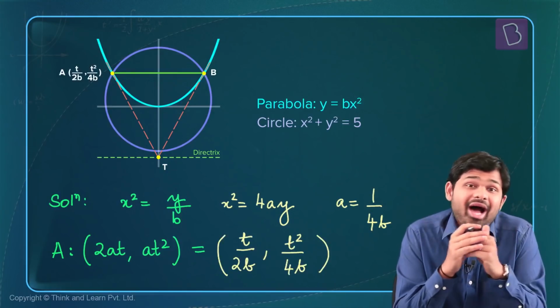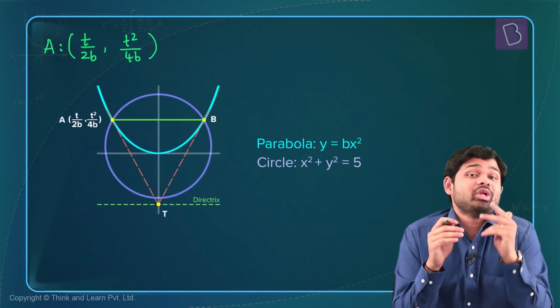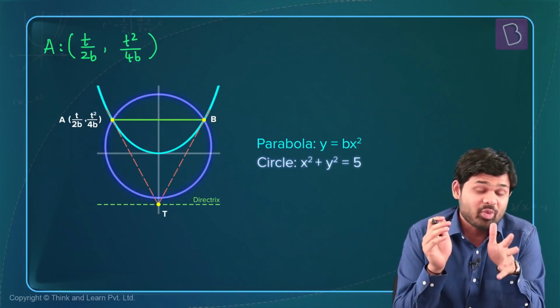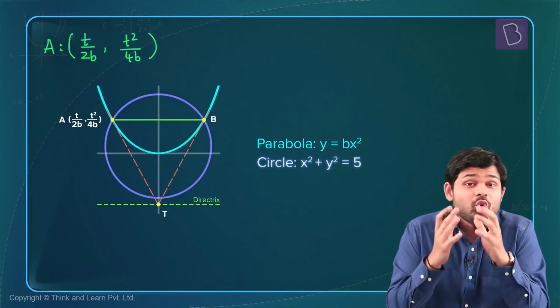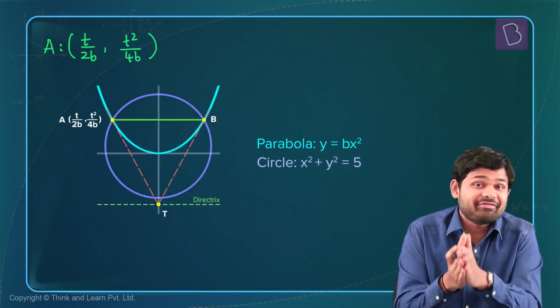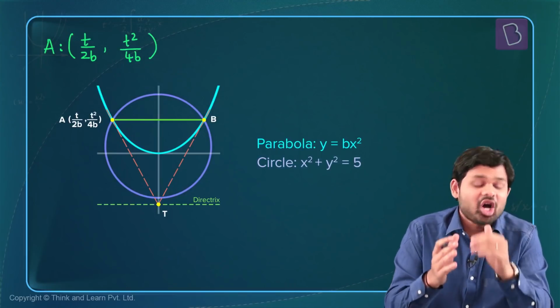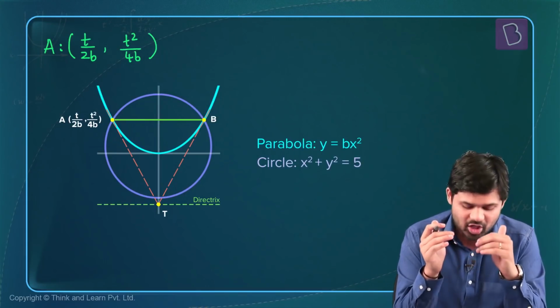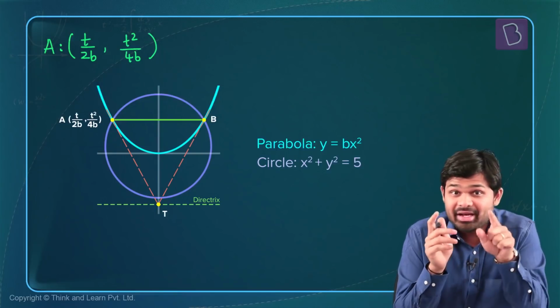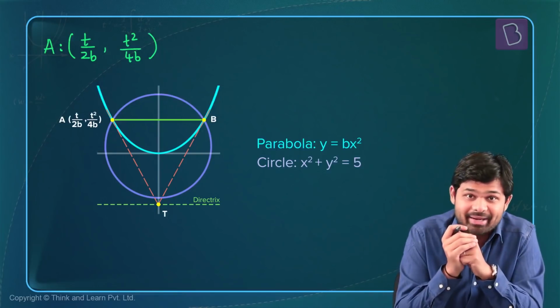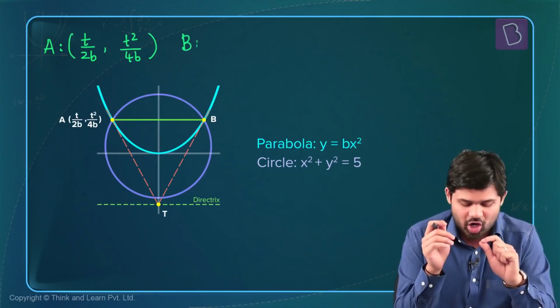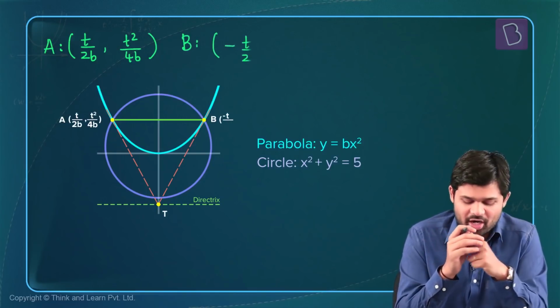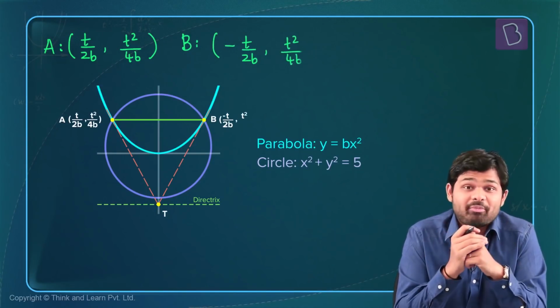Okay, so now this point also lies on the circle x square plus y square equal to 5. The beauty of this question is that if A has coordinates t upon 2b, t square upon 4b, remember this is an upward facing parabola, then B will have coordinates negative t upon 2b, t square upon 4b.